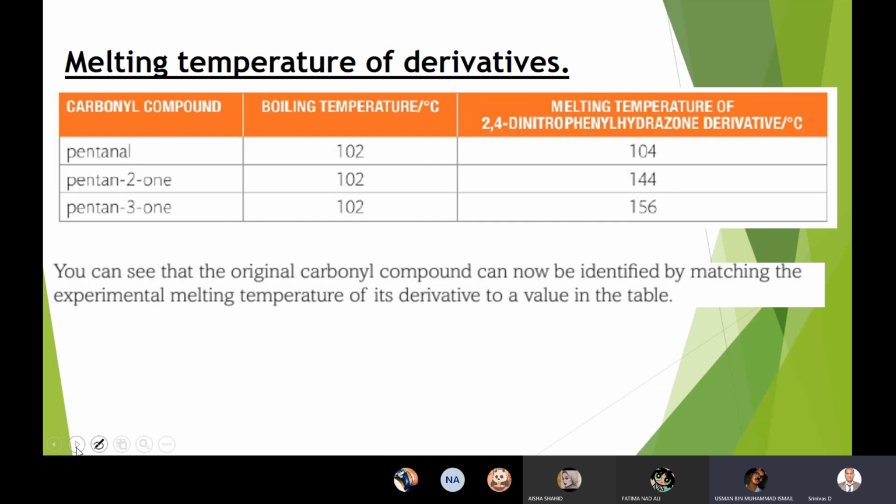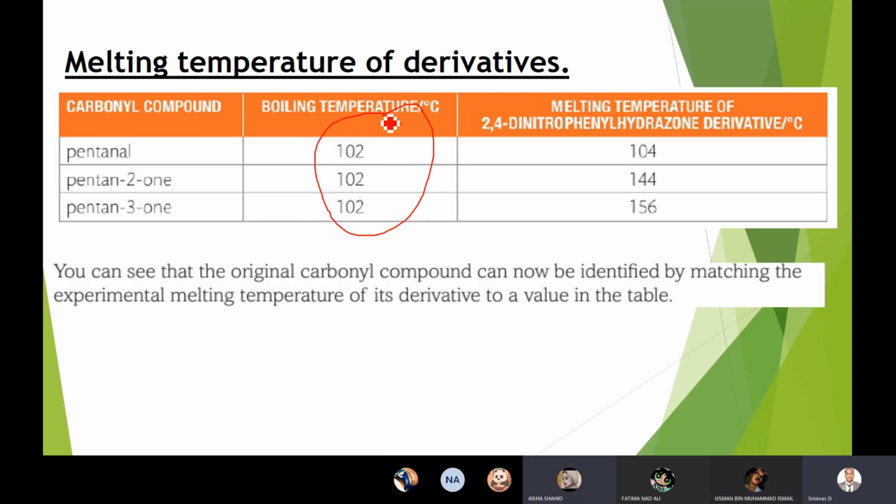See, pentanal, pentan-2-one, then pentan-3-one all have the same boiling temperature. So it is too difficult to identify based on boiling temperature.